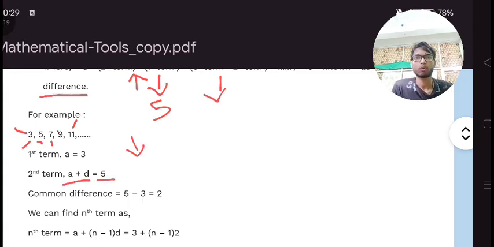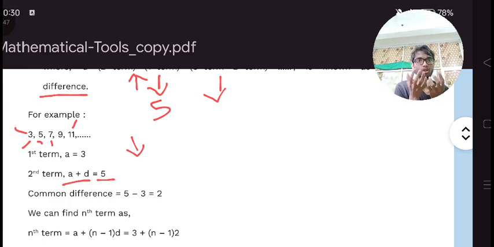What will be D? Just 5 minus 3, you will get 2. 7 minus 5, you are getting 2 again. 9 minus 7, again you are getting 2. That's why we say D is equal to bigger term minus smaller term, which is nothing but a common difference.